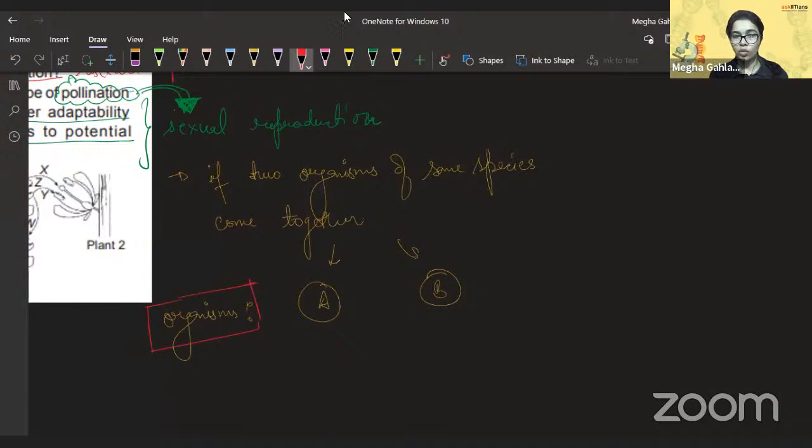This one is going to have its own DNA and this one is going to have its own DNA, and both of them are adapted or well adjusted to their surroundings, right?